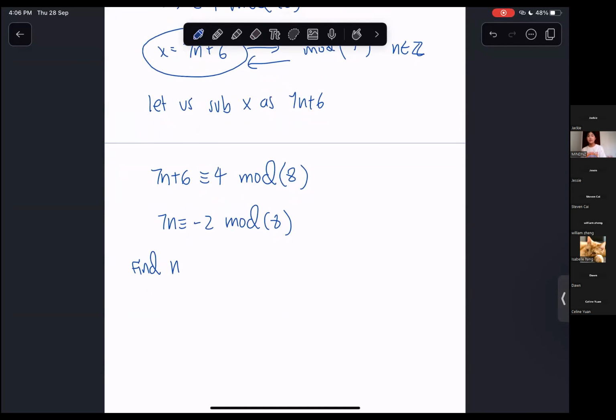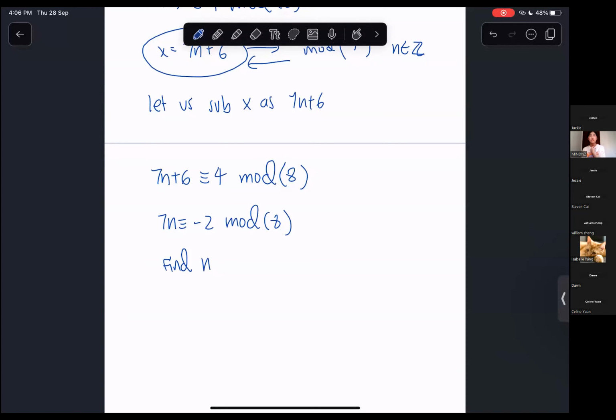Yep, so definitely we'd have the condition that 7n plus 2 is a multiple of 8. But what if we wanted to consider n alone? Like we did before, what number could we multiply by to get n alone?